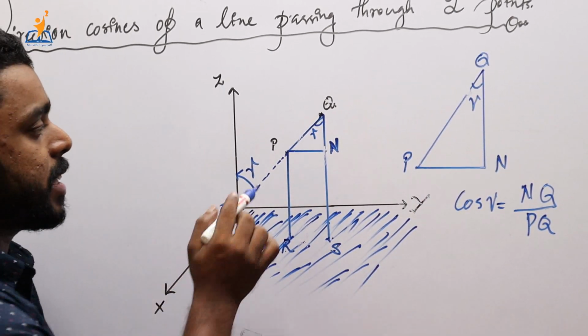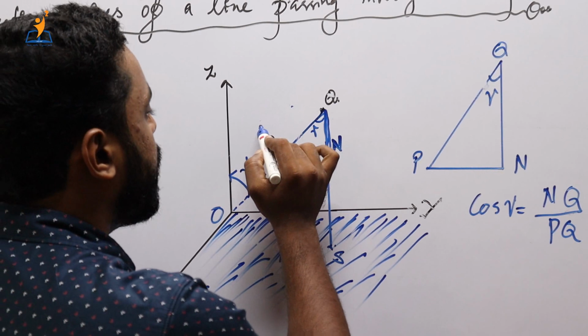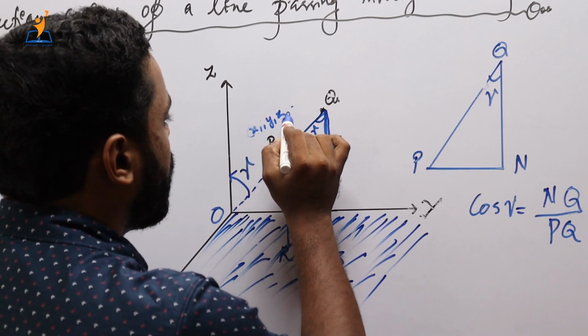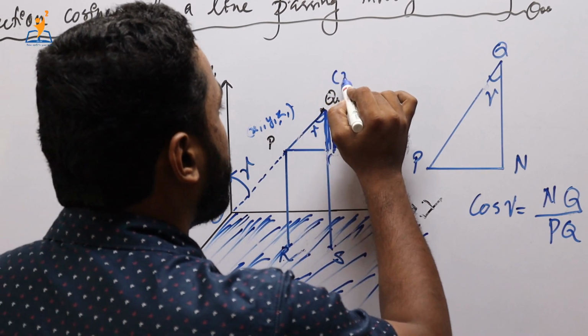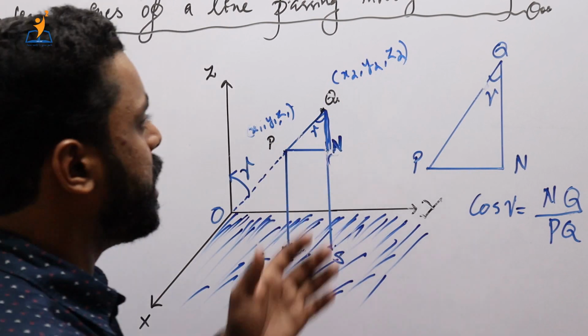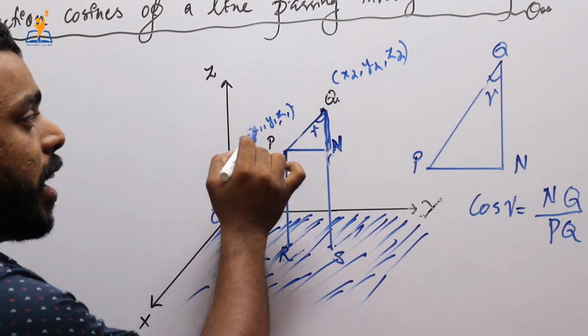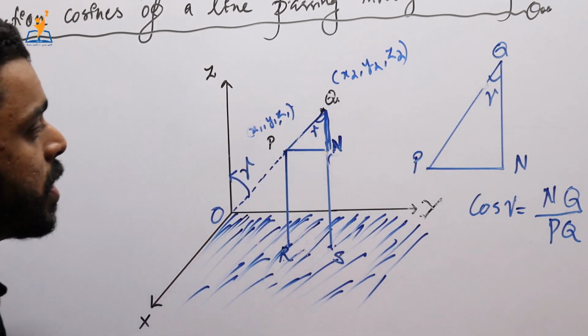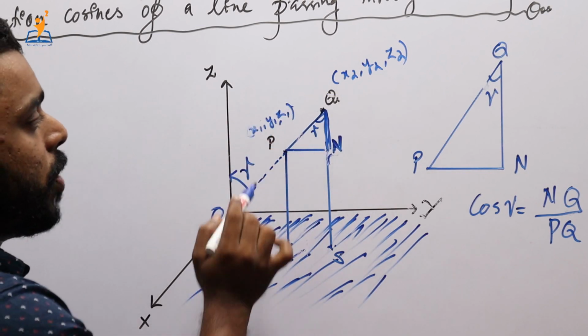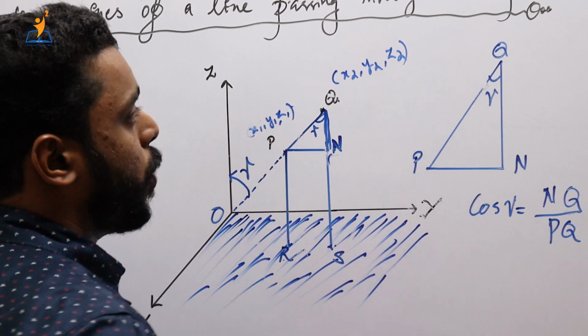Now observe that P is the point x1, y1, z1, and Q is the point x2, y2, z2. Let P and Q be two points. We are giving 3 coordinates because the points are in 3D space, right? So P is x1, y1, z1, Q is x2, y2, z2.